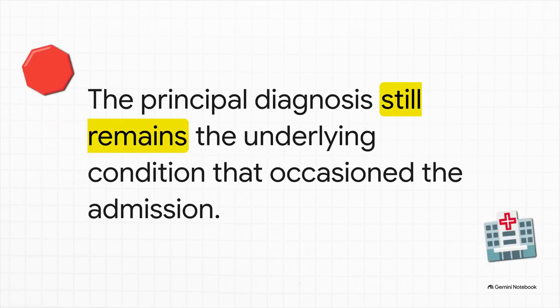I know. It is so tempting to code the complication. I mean, the hypertension is what caused all of the drama and the cancellation, right? But wait, the law, specifically Section 1F, states the principal diagnosis still remains the underlying condition that caused the admission in the first place. The osteoarthritis is what brought them through the doors. The complication, no matter how severe, does not get to steal slot number 1.